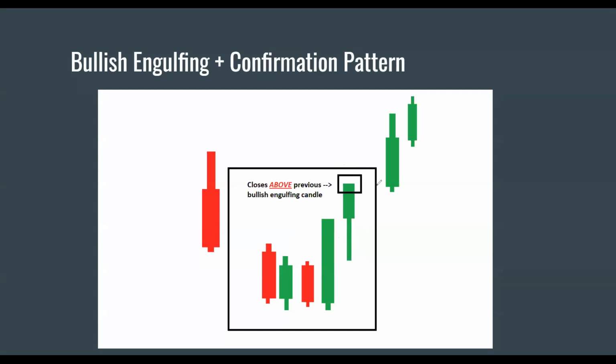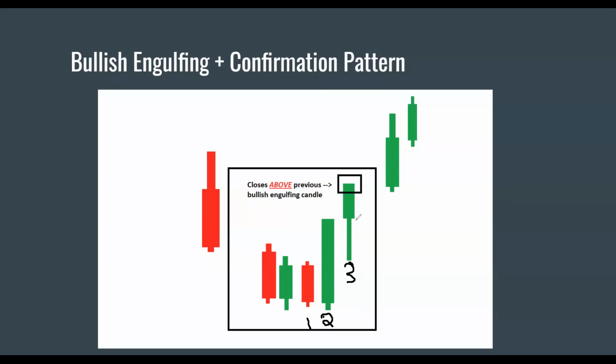Once you have an engulfing pattern, it's a 3 candle pattern: this is the first candle, this is the second candle, 1, 2, 3. On the second candle, bullish engulfing. On the third candle, bullish engulfing confirmed.